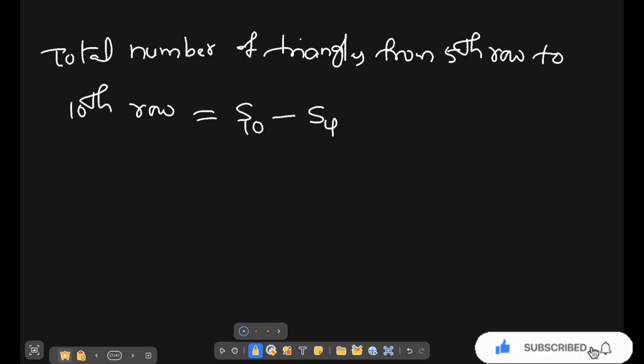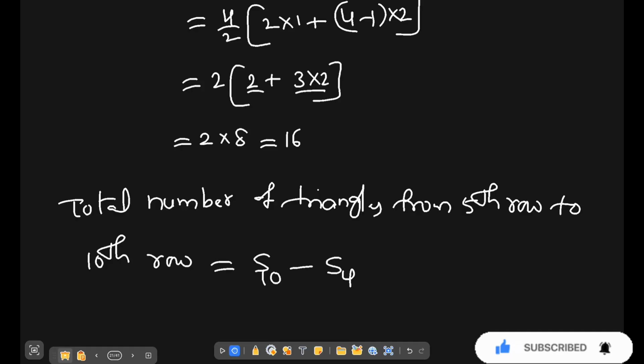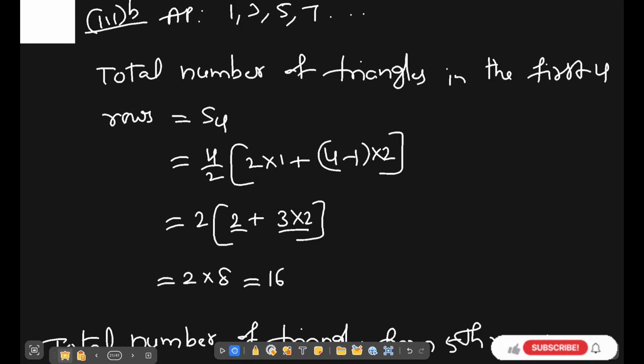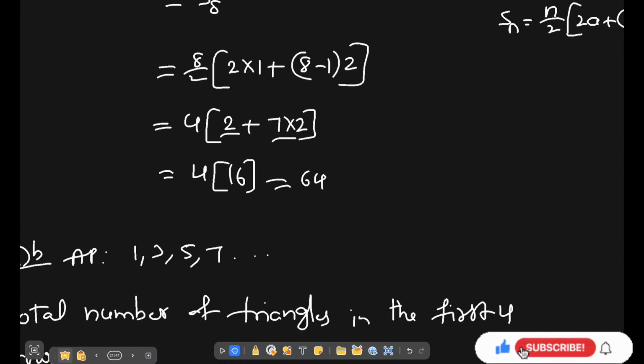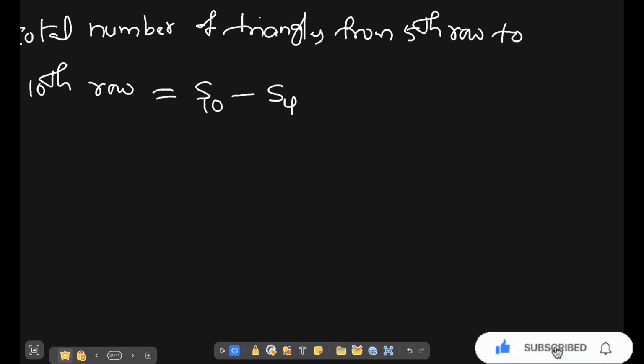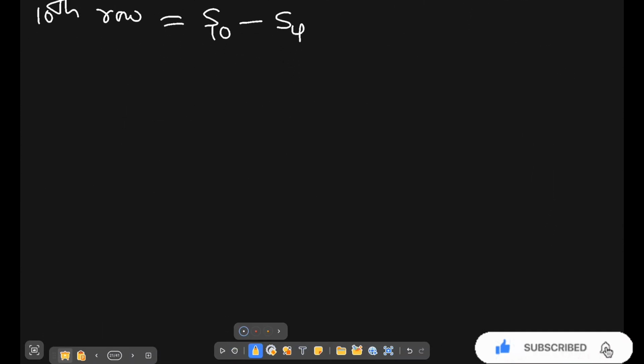S10 minus S4. S4 is already 16. Now did we find S10? No. So S10 minus S4.